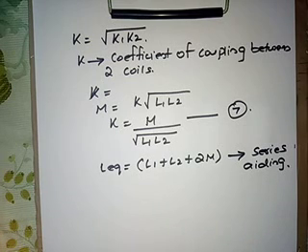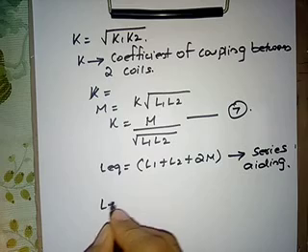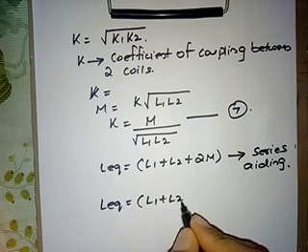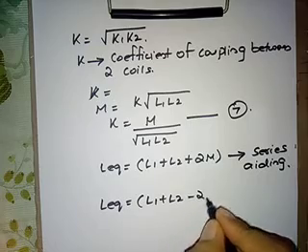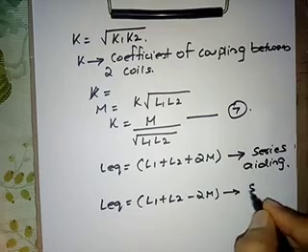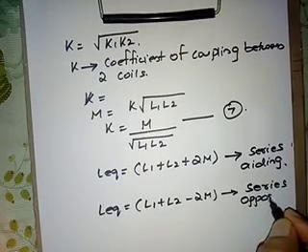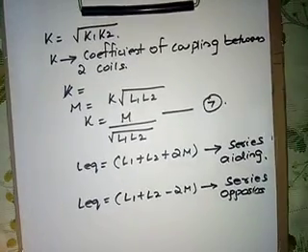Similarly, if the fluxes are series opposing, then L equivalent is equal to L1 plus L2 minus 2M. This is for series opposing, right?